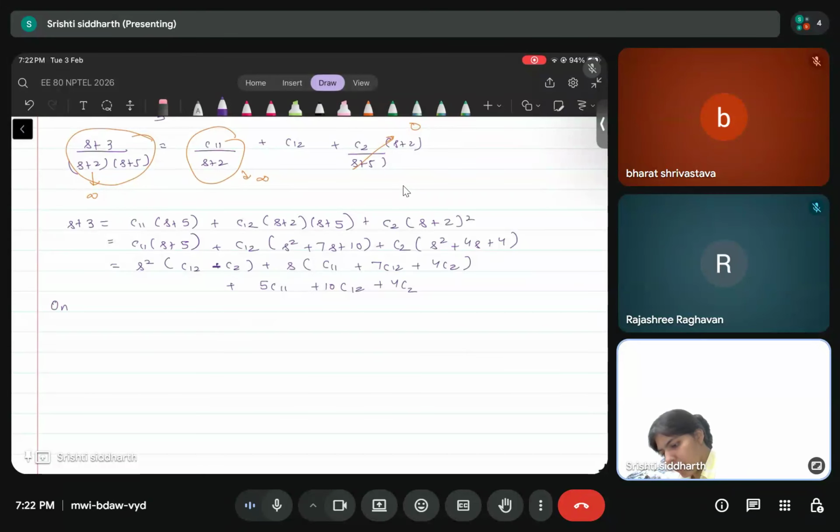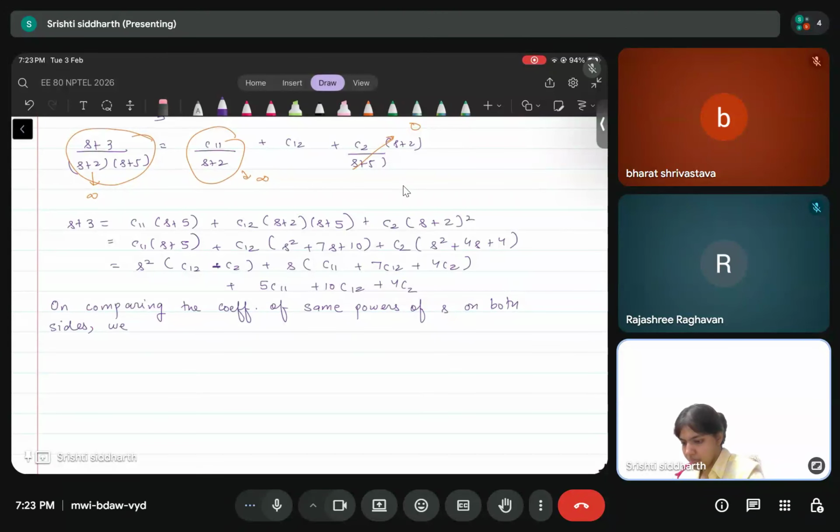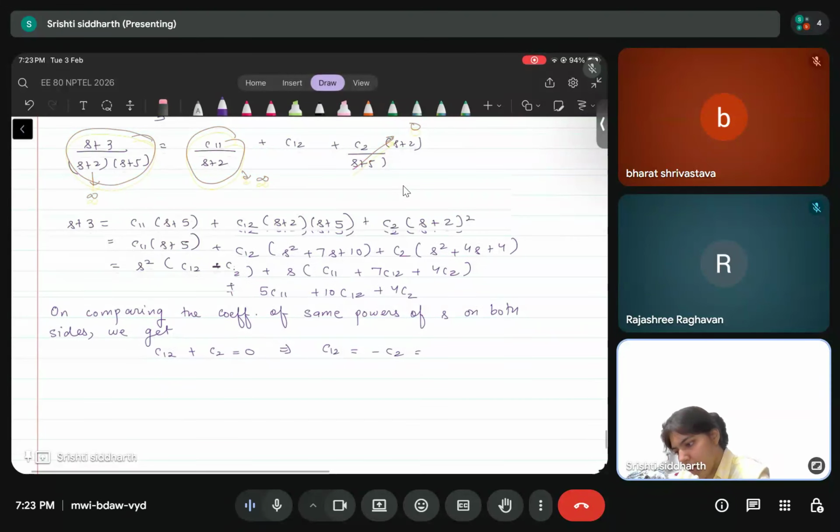The next step is to compare the powers of S. Compare the coefficients. So we get C12 plus C2 equals 0, which implies C12 is minus C2, and you already have C2, right?